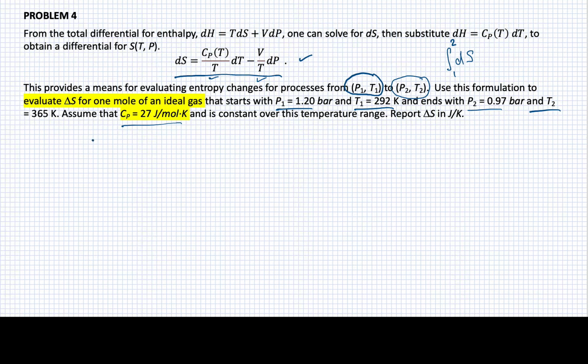So the whole idea is you're going to calculate delta S for this process, and it will be a means of using this information. So part of the trial of this particular problem is how do you use this information to actually calculate something that you need to calculate. I'll say that this one may generate some questions, but don't hesitate to send me questions if you have them.